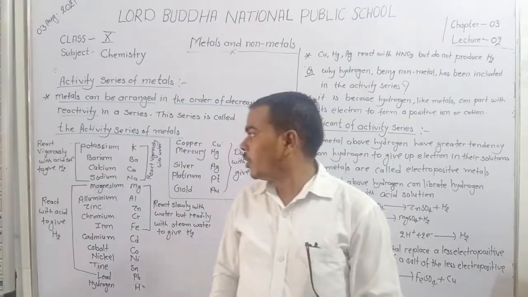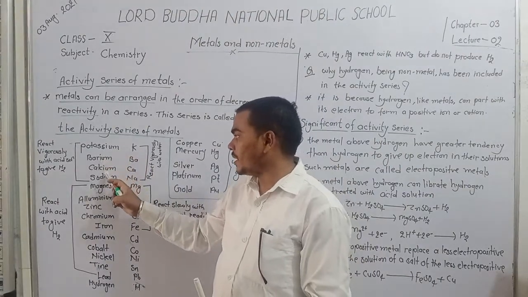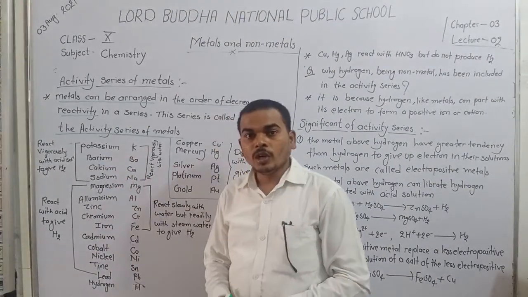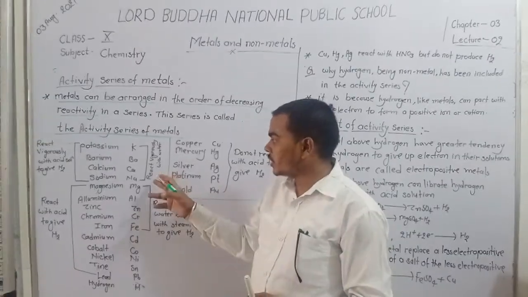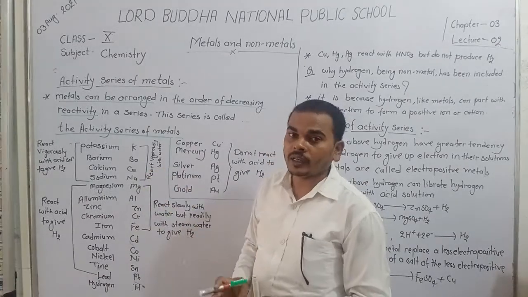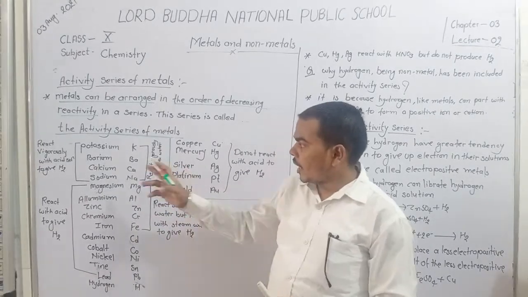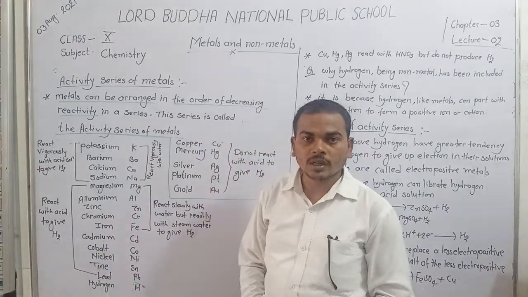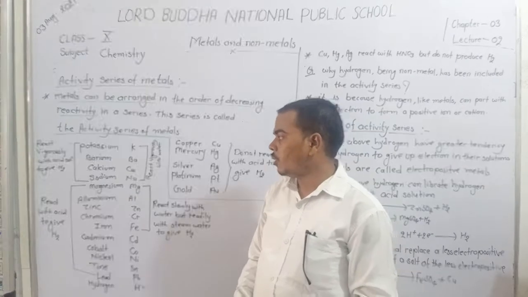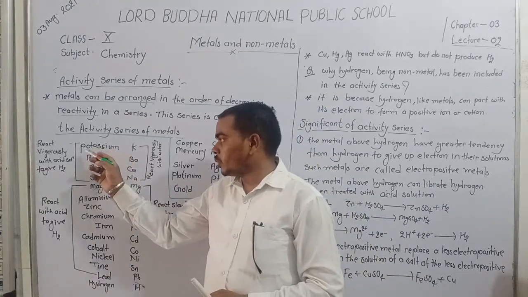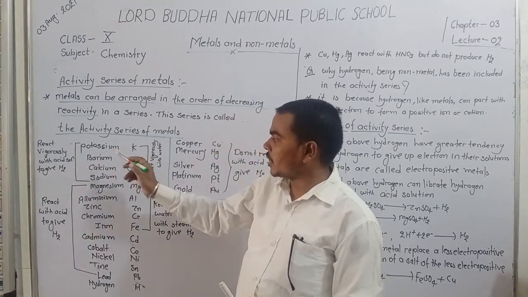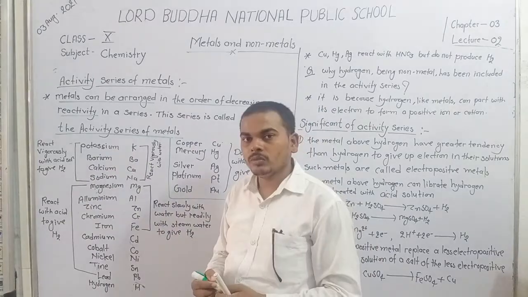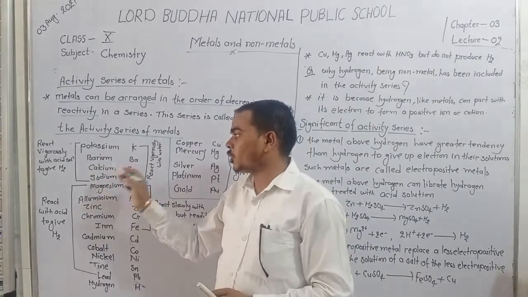Always remember, when potassium, barium, calcium and sodium react with water, they react vigorously, and they also react vigorously with acid and produce hydrogen gas. These are called very active metals.